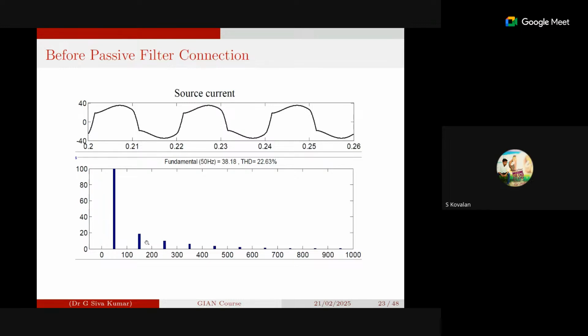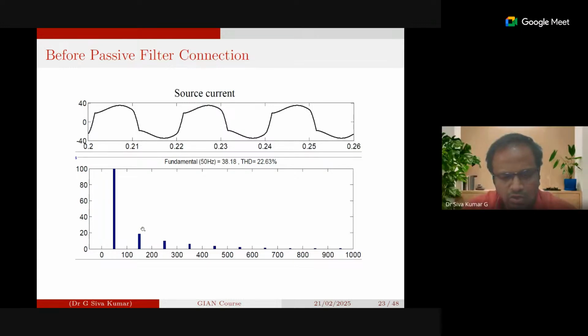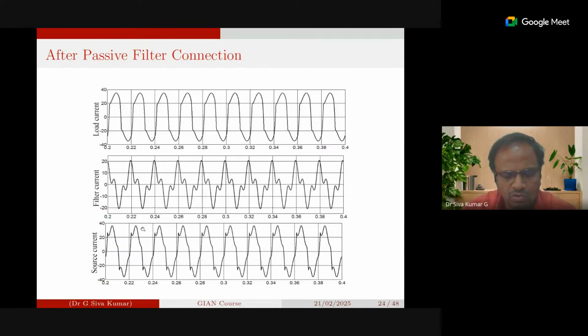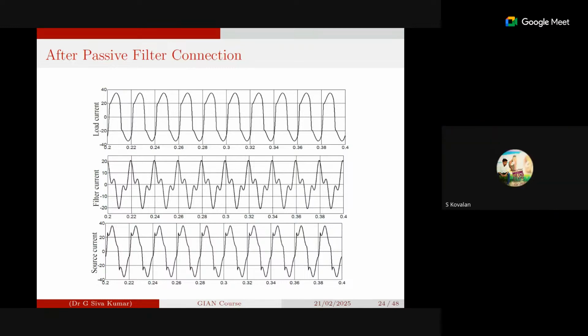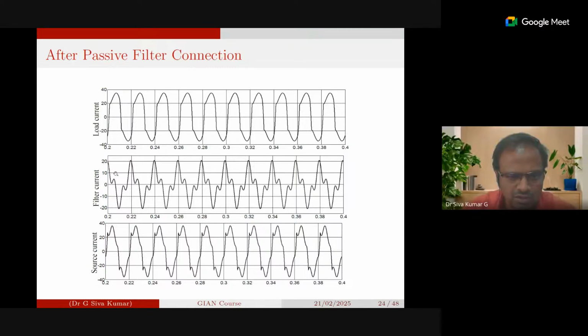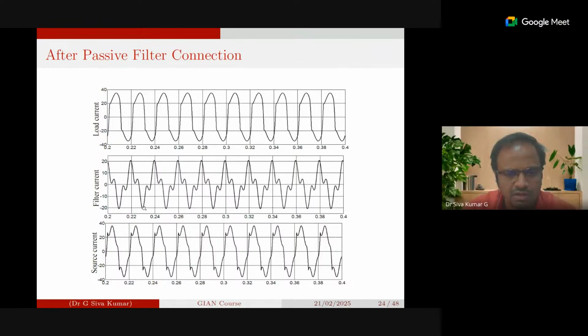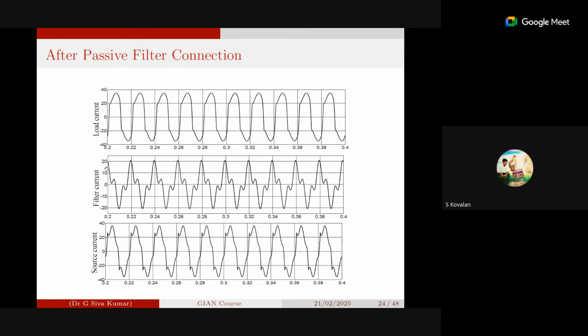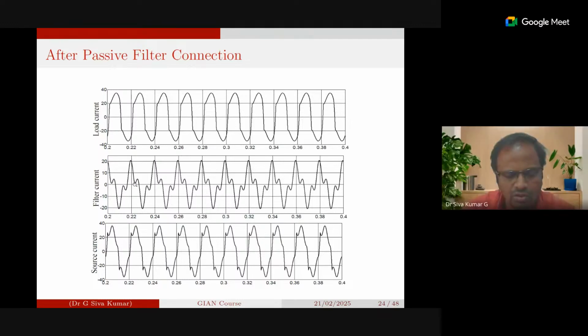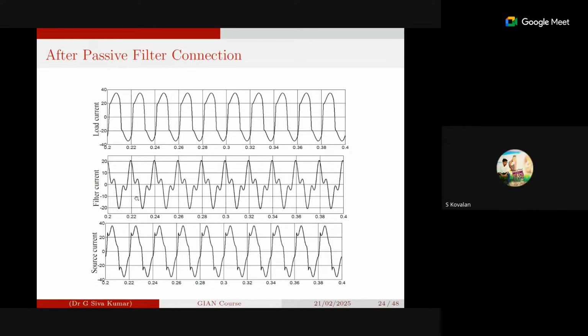And then when you are going to have the filter, when you look at this filter current, it is going to have the fundamental component of the current, and then the third harmonic current.